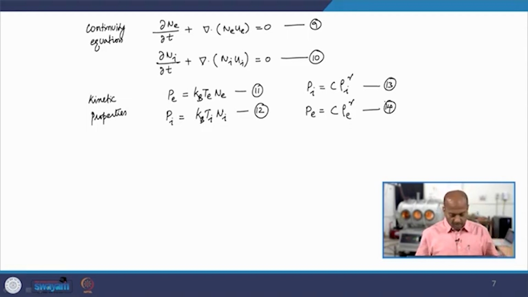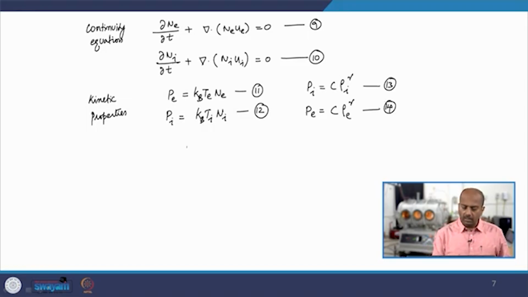Now let us see, if we want to solve them, what is the basic approach. You can solve for a few variables, substitute those variables into other equations, and then obtain the remaining unknown variables.